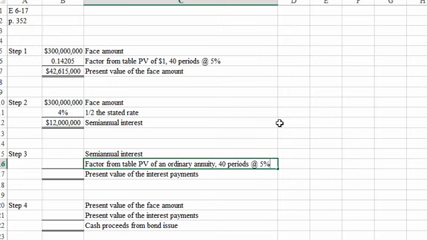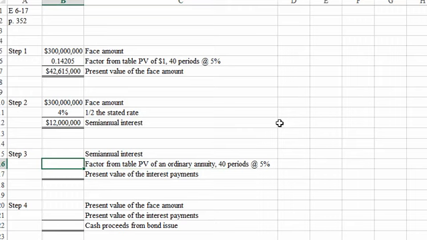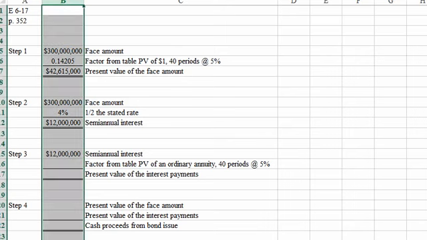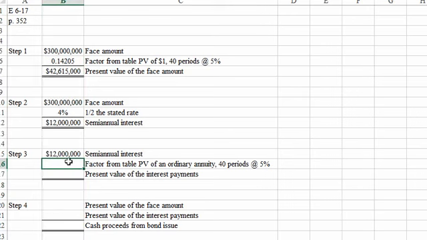Here they call it the market rate. But this 12 million every 6 months for 20 years, that's equal cash payments over time. So it qualifies as an annuity. And since it's paid at the end of every 6 months, it's an ordinary annuity. So our semi-annual interest, $12 million every 6 months for 20 years.